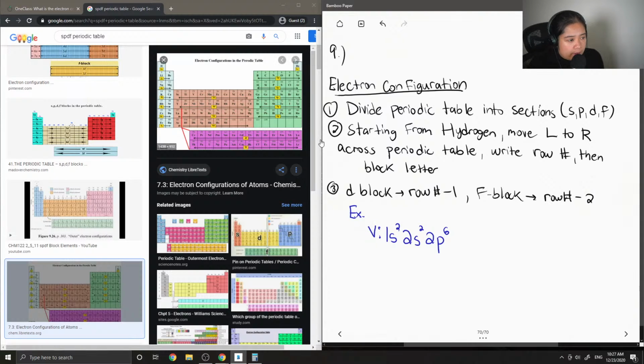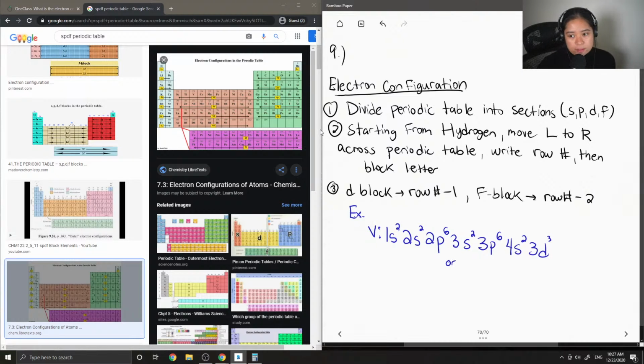And then down to the next row, we have 3s2, and then 3p6, and then 4s2. And then when we get to the D block, it becomes 3d, and then we want to count up to vanadium. So it is 1, 2, 3. So 3d3.